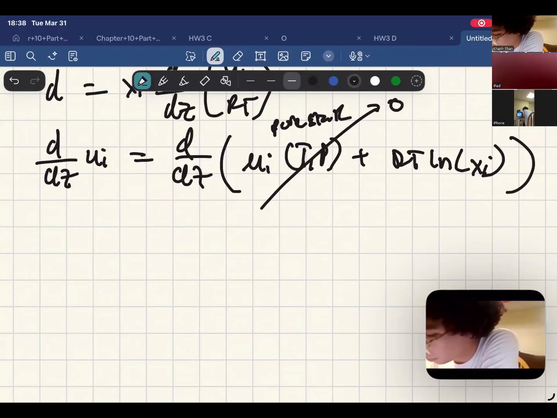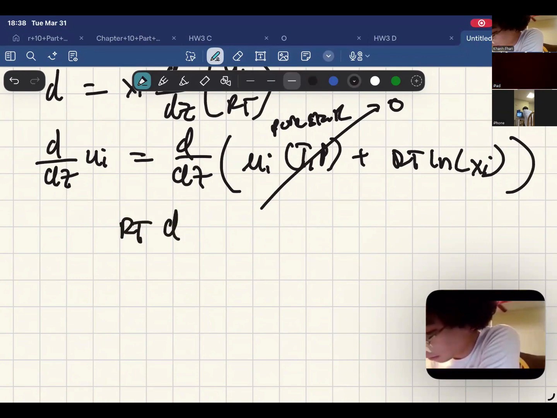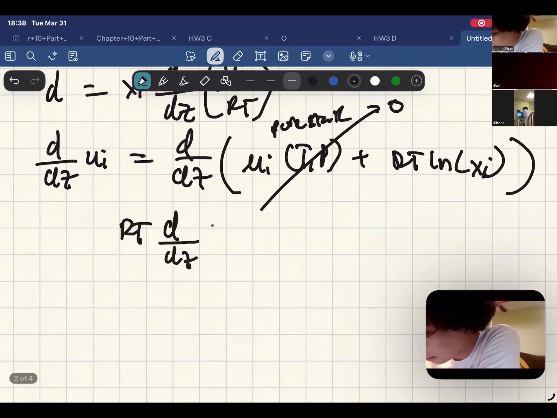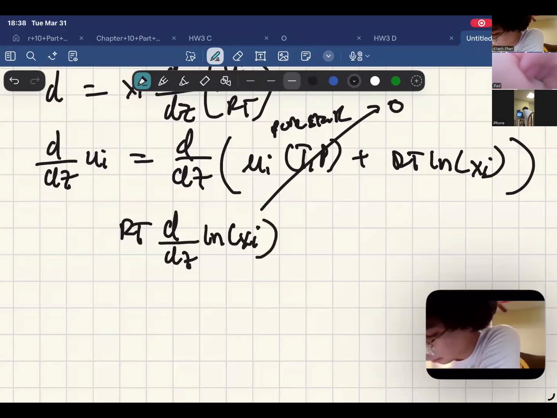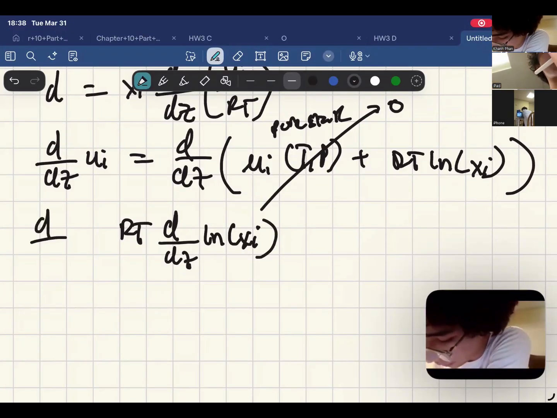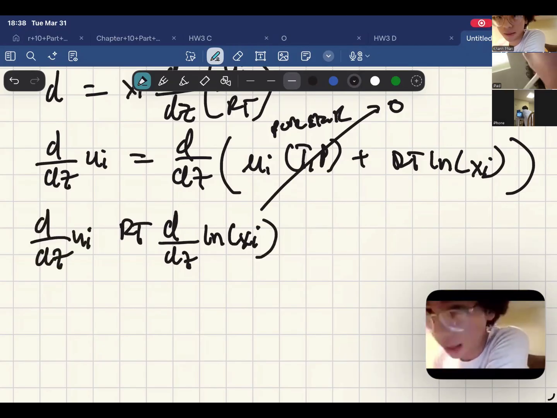RT is also a constant. However, mole fraction changes as z changes. So we have RT times the derivative d/dz of ln x_i, and that would be equal to d/dz of μ_i.